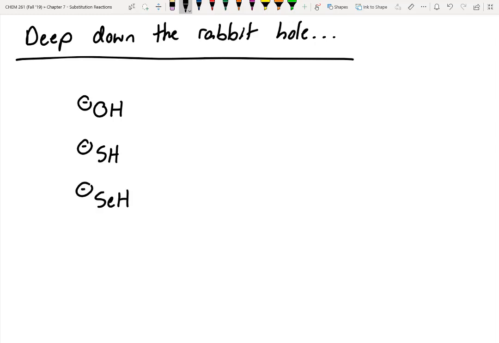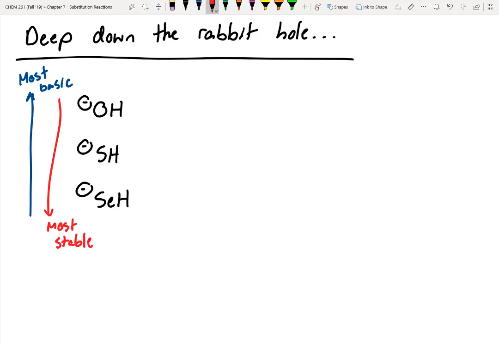If we look at these, they're all in the same column of the periodic table, right? We're just going down that column. All right, which one's most basic? Why is OH most basic? So this is most basic. Another thing we could say is as we go down, this is most stable.